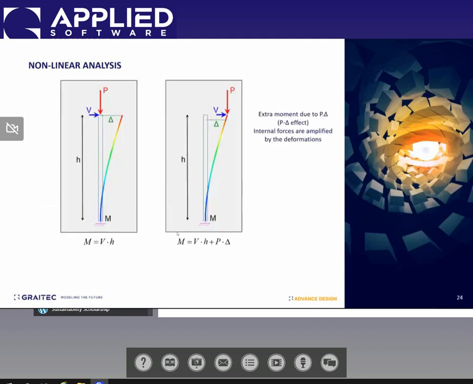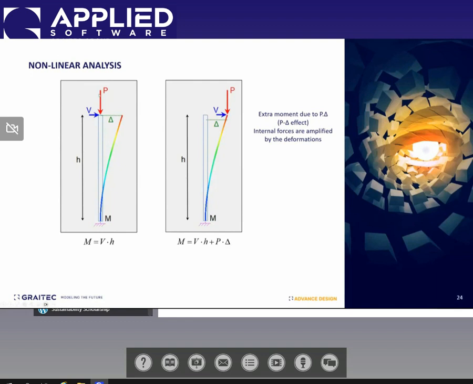So here is an example of a geometrical nonlinearity. We call it the P delta effect. As you see here, if we assume it's a linear analysis, we assume that this column top has not deformed because of this lateral force.